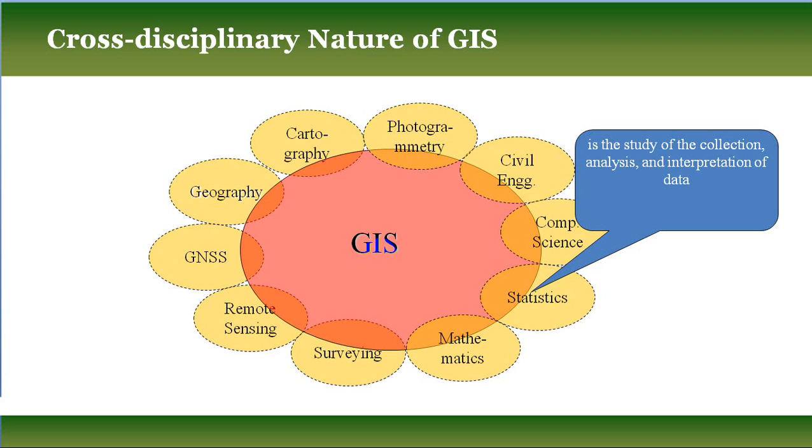But by doing statistical analysis, we can extract these additional meanings. For example, how attribute values are distributed, or how crime patterns are distributed in a city, whether they are dispersed or clustered. That we can find out very easily.